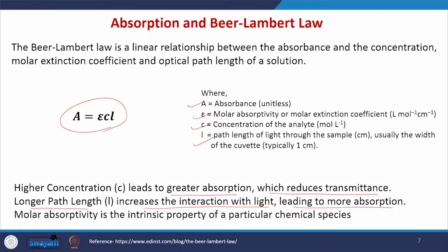Path length refers to the distance that light travels through the sample in the cuvette or cell. This path length is typically measured in centimeters, and the molar absorptivity is the intrinsic property of a particular chemical species.